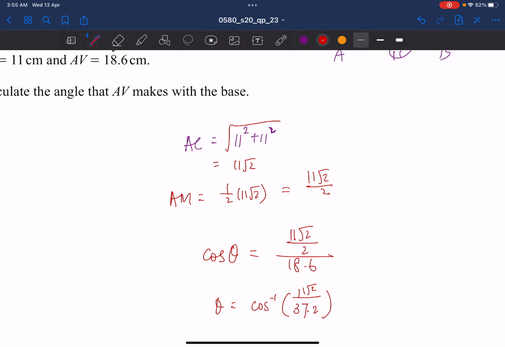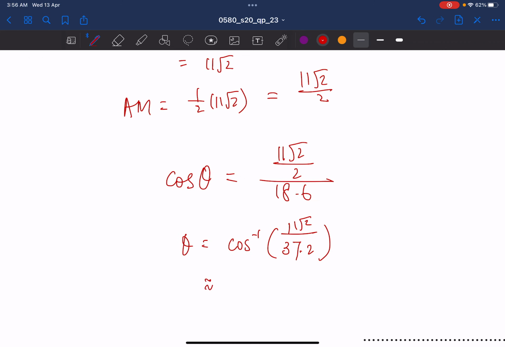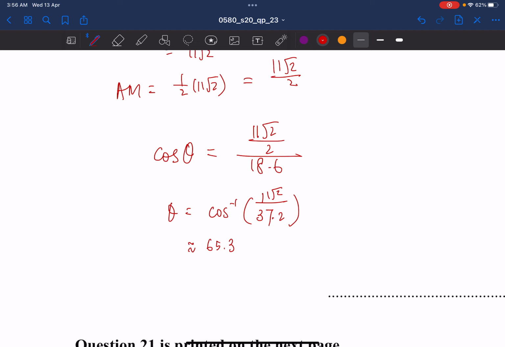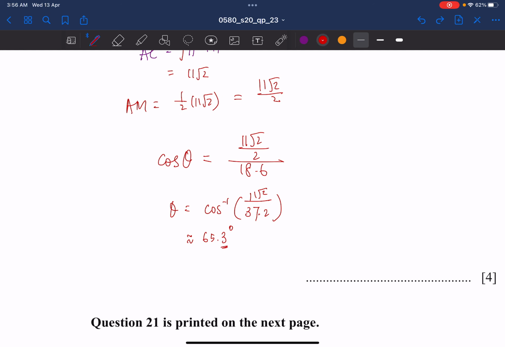Using your calculator, this is 65.28. We take three significant figures, so 65.3. For angle in degrees, we take one decimal place, as stated in the instruction on the cover page.